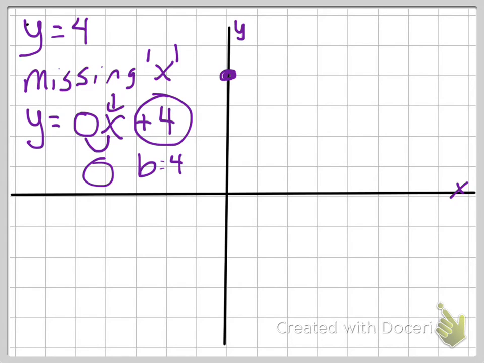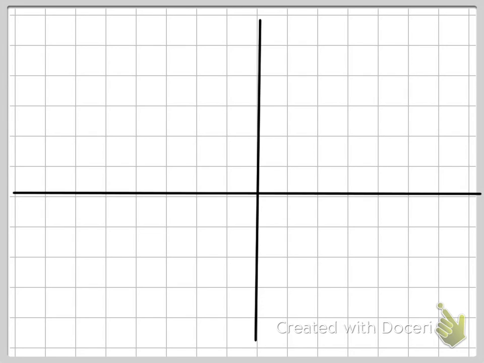But let's start over here on this graph with y equals 4. If you really want to think about it the easy way, you know y equals 4. Well, if I'm plotting points, I know y equals 4 right here, right on the y-axis.